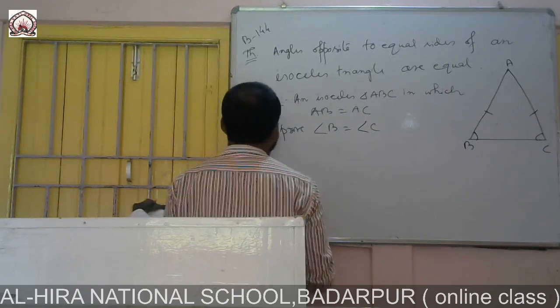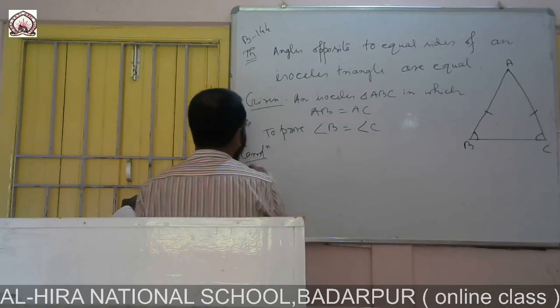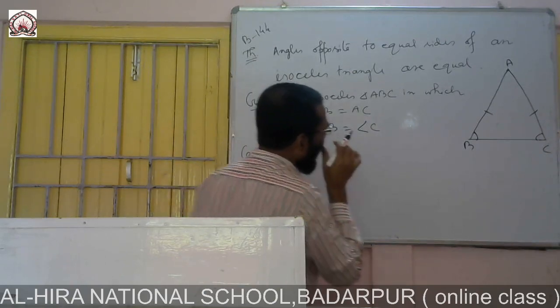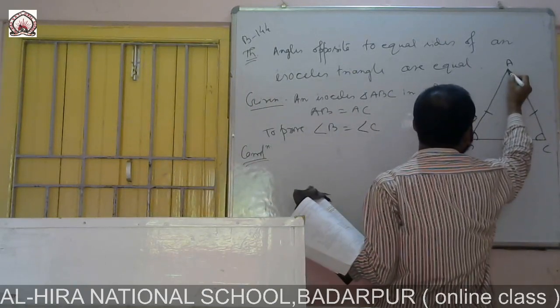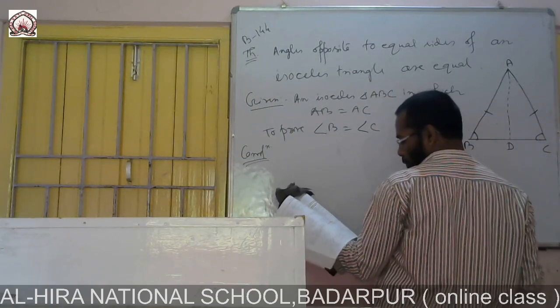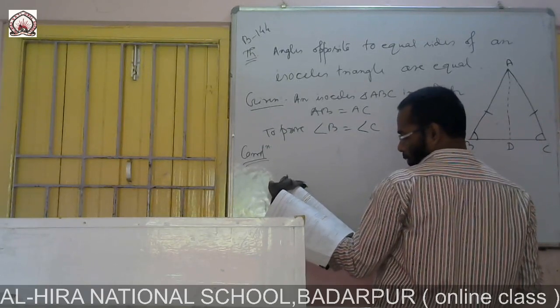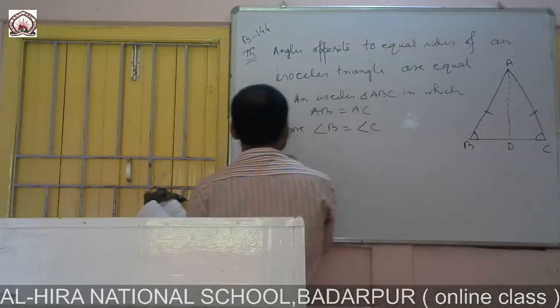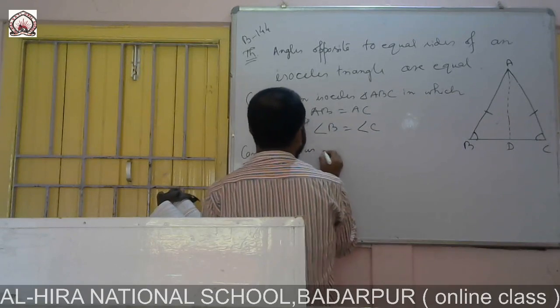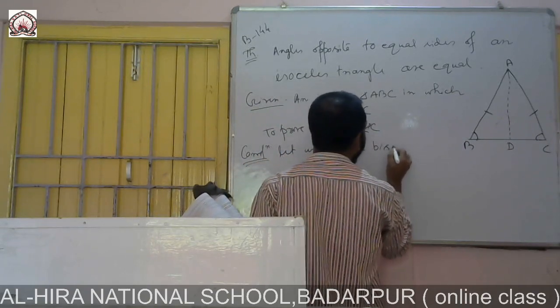Now construction. To prove this, we have to construct an imaginary line. This one is D. So let us draw a bisector.